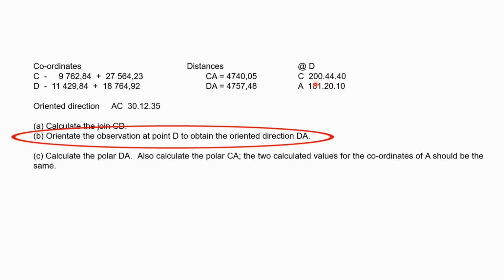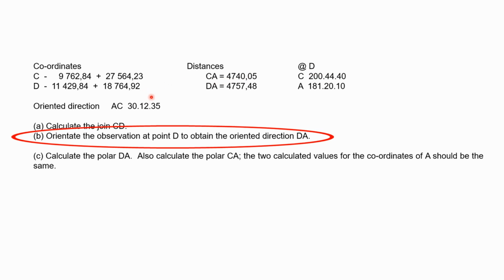To do this we need to find a correction, and the way we do that is to relate it to our other point, which in this case is C. So we want an orientated version of D to C, so we can work out our correction.